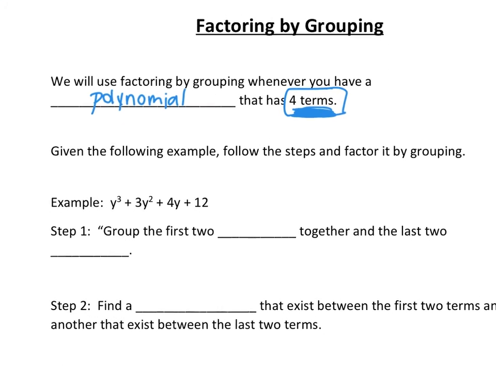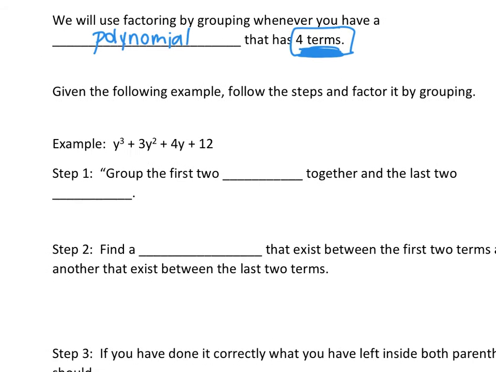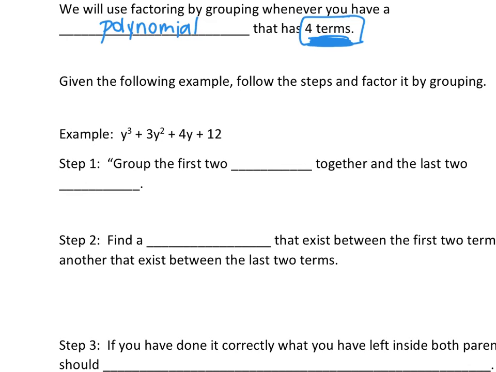Okay? So given the following example, it wants us to follow the steps and factor this by grouping, okay? First step is to group the first 2 terms together and the last 2 terms together. So for instance, we're going to walk through this example right here. So the very first thing I would do, my first 2 terms would be what?